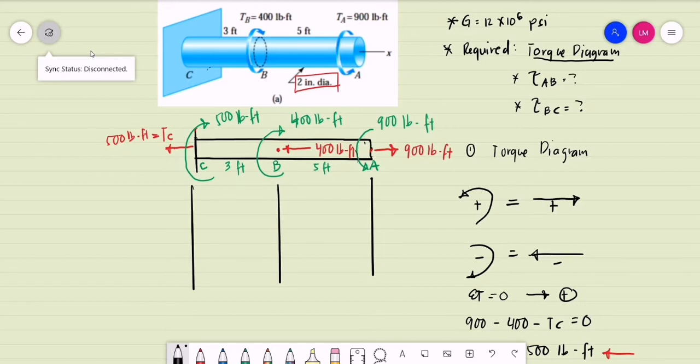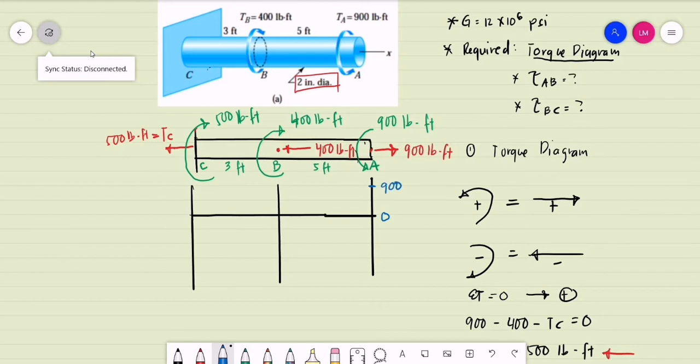Okay, so we may start on the right end of the shaft. So we have 900 pounds-foot to the right. So that is a positive torque. So we are starting from 0 to a magnitude of, let's say, 900.